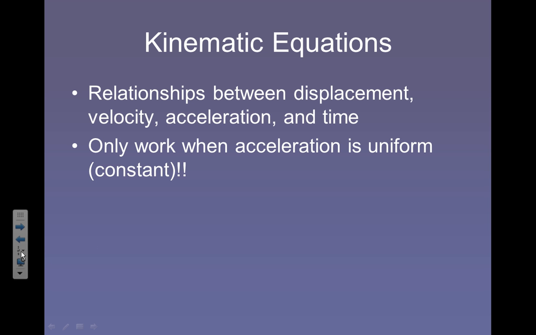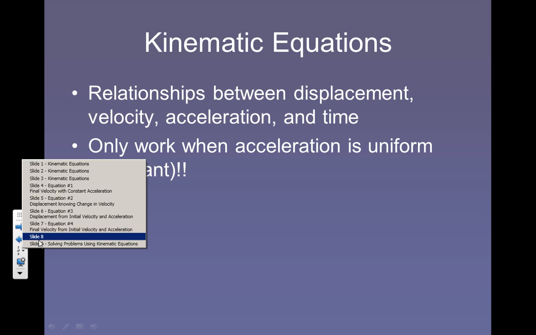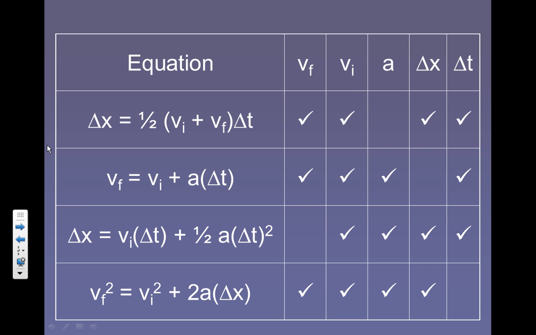We are going to skip to the end, close to the end, and look at this chart. This chart is a summary of the 4 kinematic equations. We got through 3 of them yesterday in class. The one at the bottom is kind of hard to show you how it's all derived, but it also fits into this category.